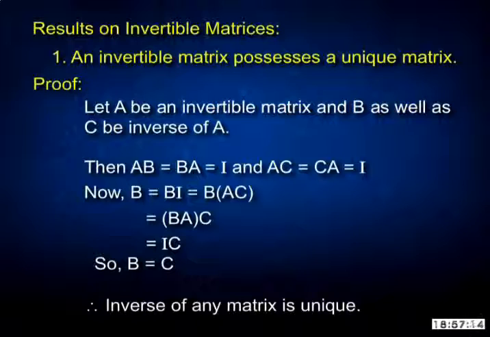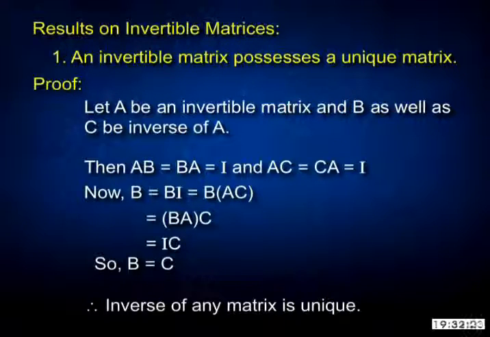By contradiction, we assume that B and C are two inverses of a given matrix A. Let A be an invertible matrix and B as well as C be the inverse of A. Then A into B is equal to B into A, which is equal to identity matrix I, and A into C is equal to C into A, which is equal to identity matrix I.